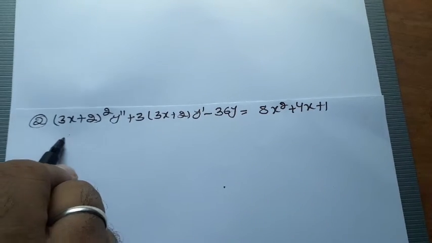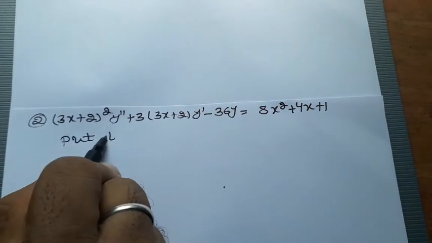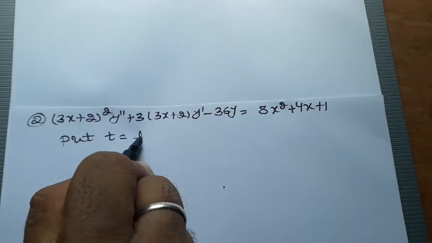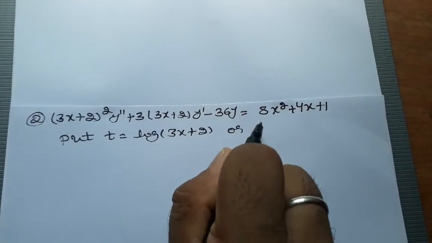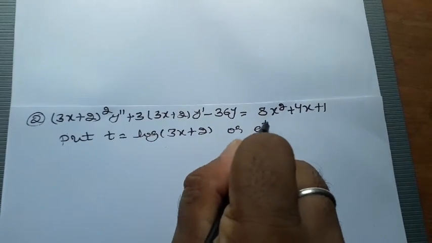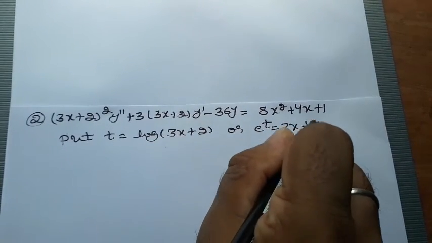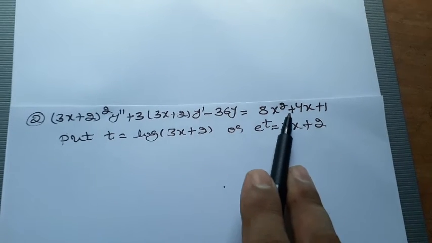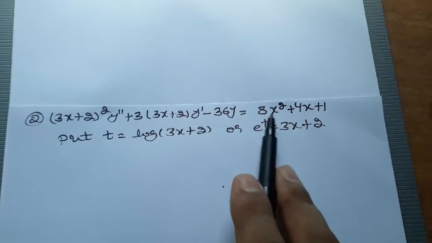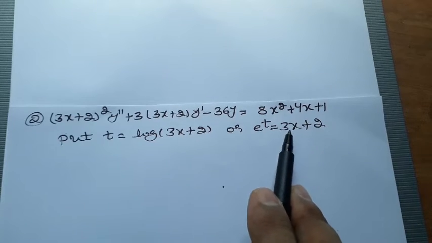So same thing, first we have to put t equal to log of this term (ax+b), log of (3x+2), or we can write this as e to the power of t equal to 3x+2. But one thing is there: in the last problem we got the value directly, but here there is no 3x+2 term, so convert this into the form of x.